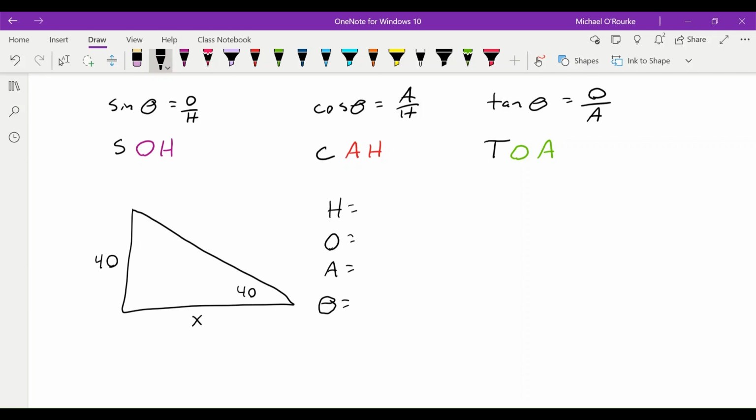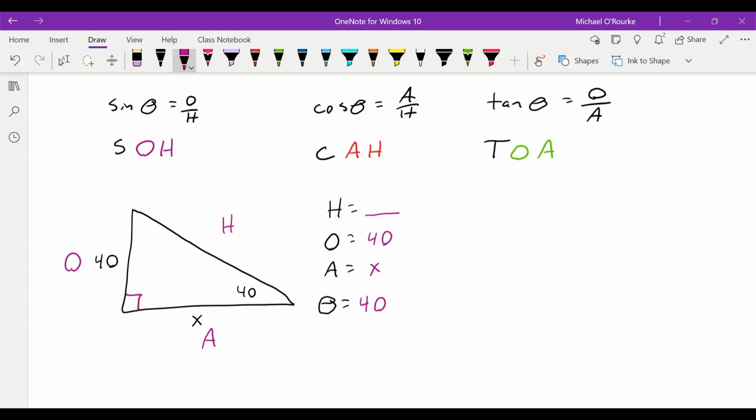If you can do that right now, it'd be perfect. You can pause it. Oops, I forgot my 90. Okay, H is there. My A is there. My O is there. I don't know H, so it's just going to be blank. I know this is 40, I know this is X, and I know this is 40.